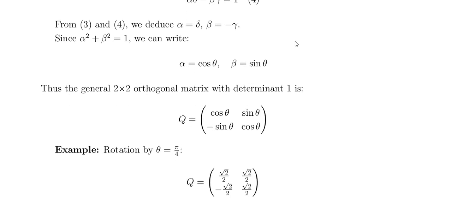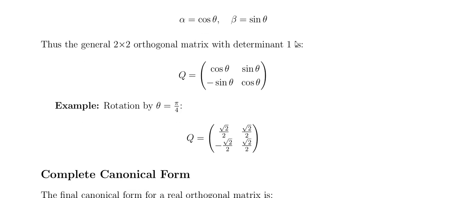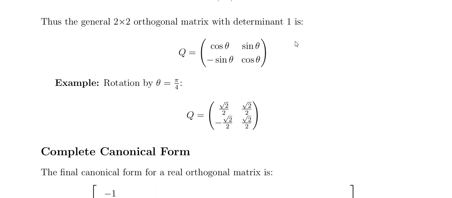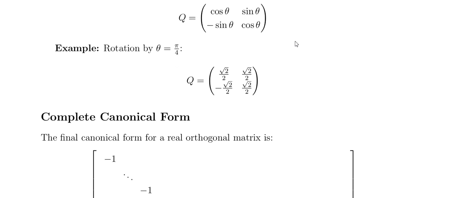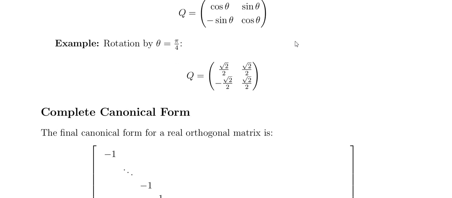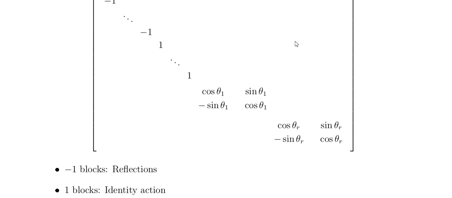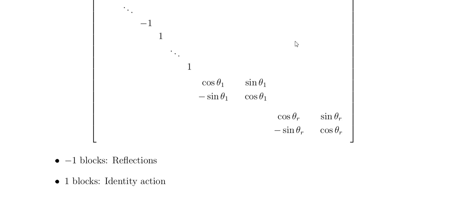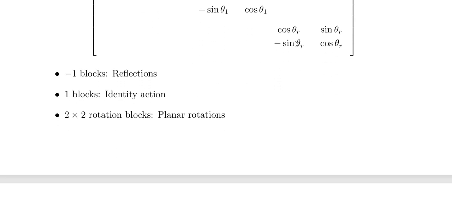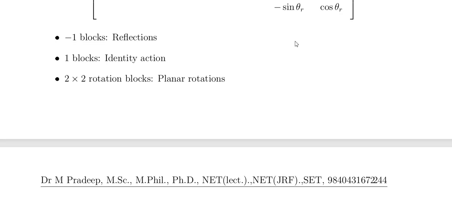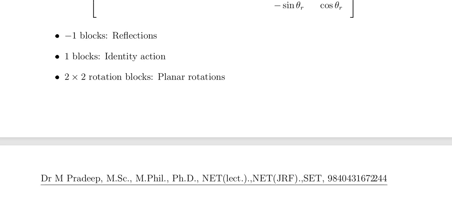So alpha equal to cos theta, and the orthogonal matrix is of the form like this. If you put theta equal to pi by 4, you get something like this, and the corresponding canonical form looks like this. This is called the reflection; the minus 1 block and the 2 by 2 rotational block, a planar rotation, as we say.